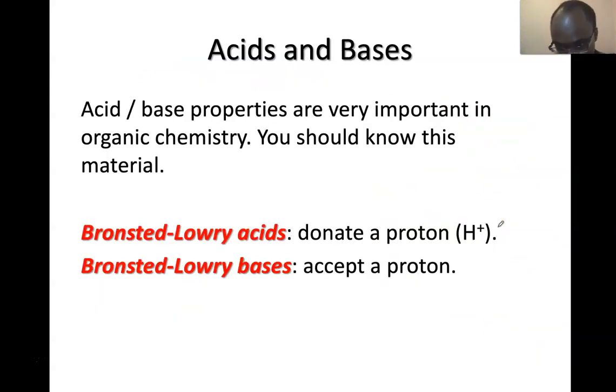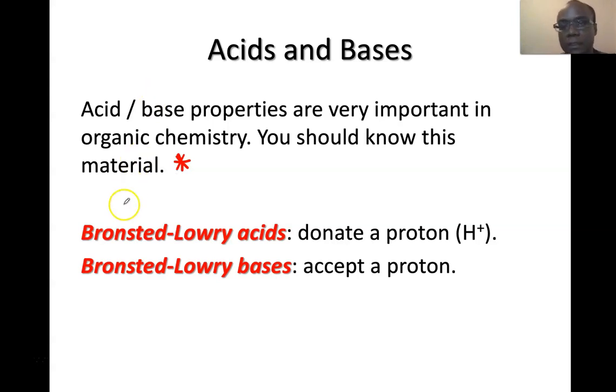So now let's switch gears a little bit and talk about acids and bases. Acid-base properties are very important in organic chemistry. You should know this material like there's no choice. You have to know it. So there's Arrhenius acids, Arrhenius bases, Lewis acids, Lewis bases, and there's Brønsted-Lowry acids and Brønsted-Lowry bases.